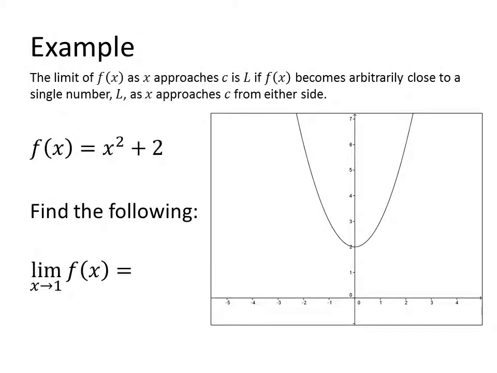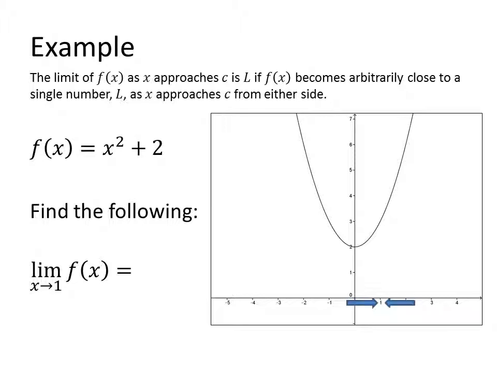In this example, we have the function f of x is equal to x squared plus 2, which is this quadratic function or parabola that's been shifted up by 2 units. Now, what we're trying to find is the limit as x approaches 1. So what we want to look at is where the y value is going as x approaches 1 from either side.